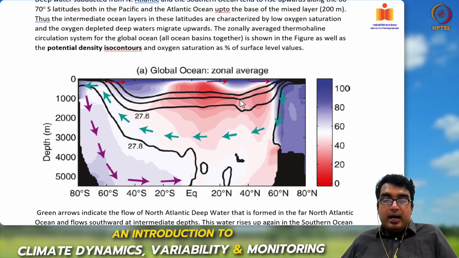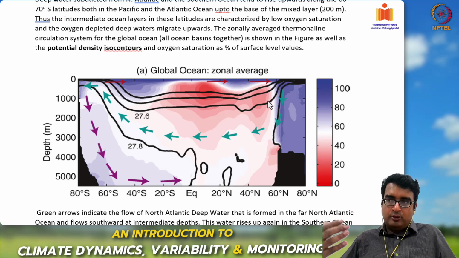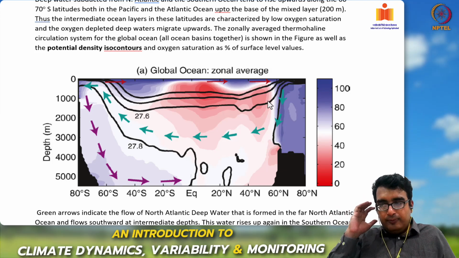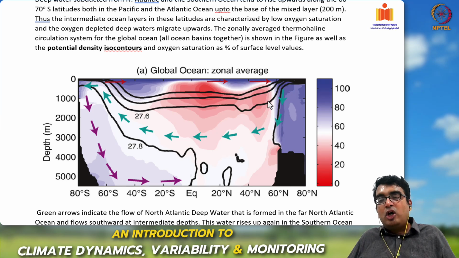You see a large oxygen depleted zone extending from around 500 meters to around 2500 meters, from around 15 degrees south to 40 degrees north latitude. This is contributed mostly by the Pacific Ocean intermediate layer, which is not mixing.